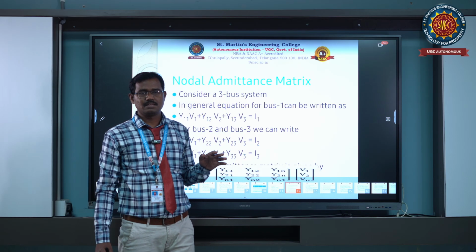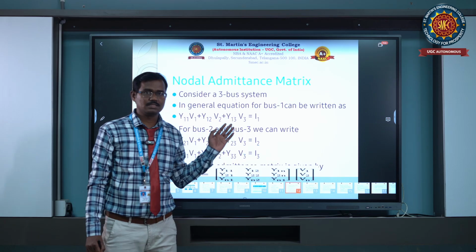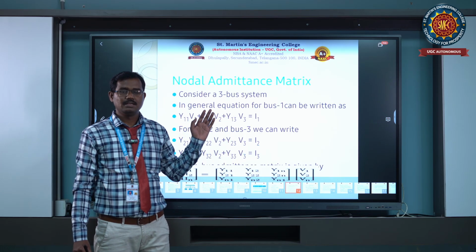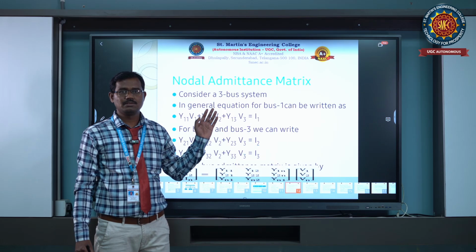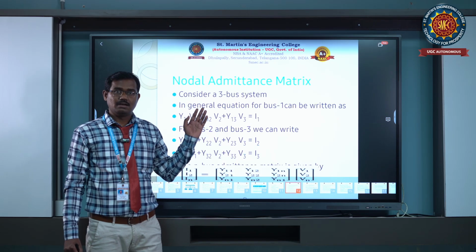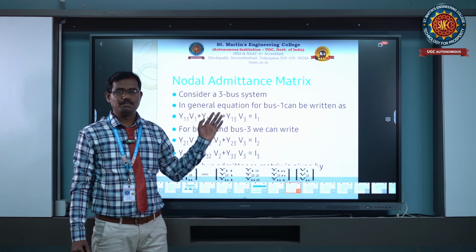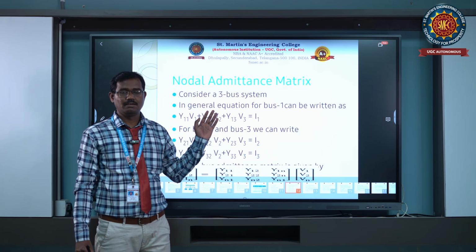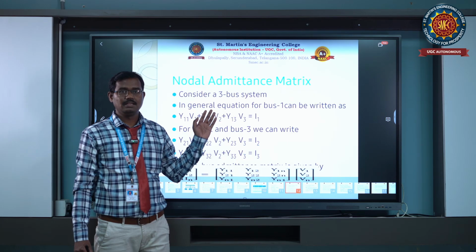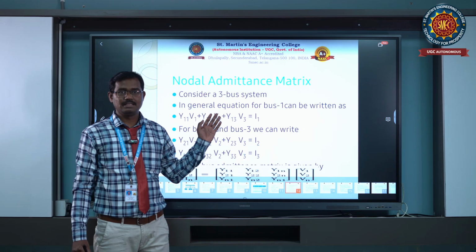Automatically we can get the formation of the buses. With the formation of buses, we can find all the current equations in the nodal admittance matrix, and all the admittances, that is, bus 1 to bus 2 and the attaching of buses: y11, y12, y13, and also y21, y22, y23, and also y31, y32, and y33.